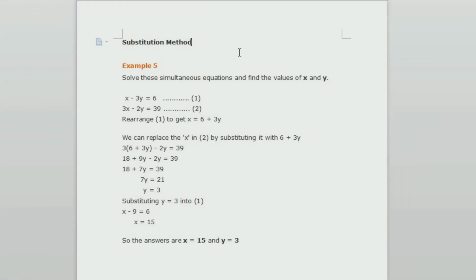And now I'm going to show you the substitution method. In this example, the simultaneous equations, x minus 3y equals 6, 3x minus 2y equals 39. First of all, we rearrange the first equation to get x equals 6 plus 3y.